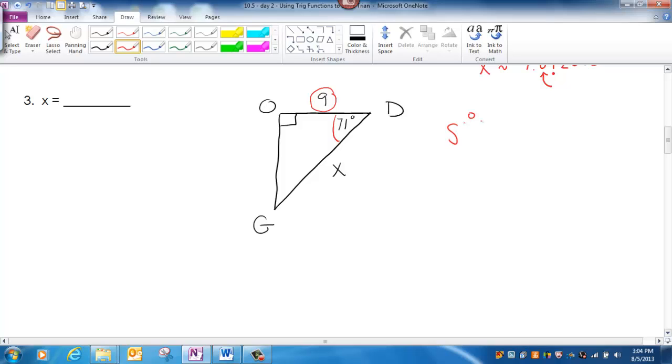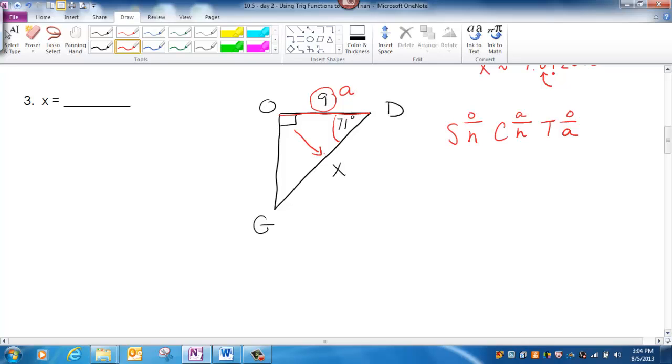So let me write SOHCAHTOA here again. Okay, so let's see here. The 9 is the leg that's next to the 71 degree angle, so this is adjacent.